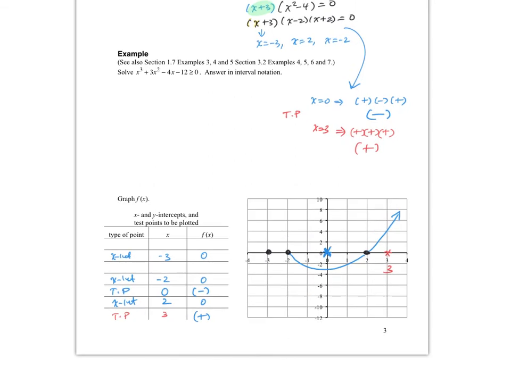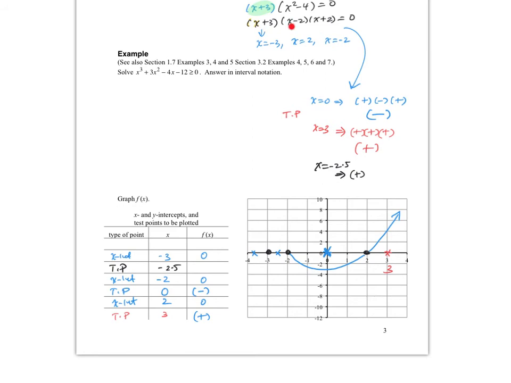Now you still need to pick one in here and one in here. So let's say between those two, we pick minus 2.5. So we pick x equals to minus 2.5. The first one will be positive.